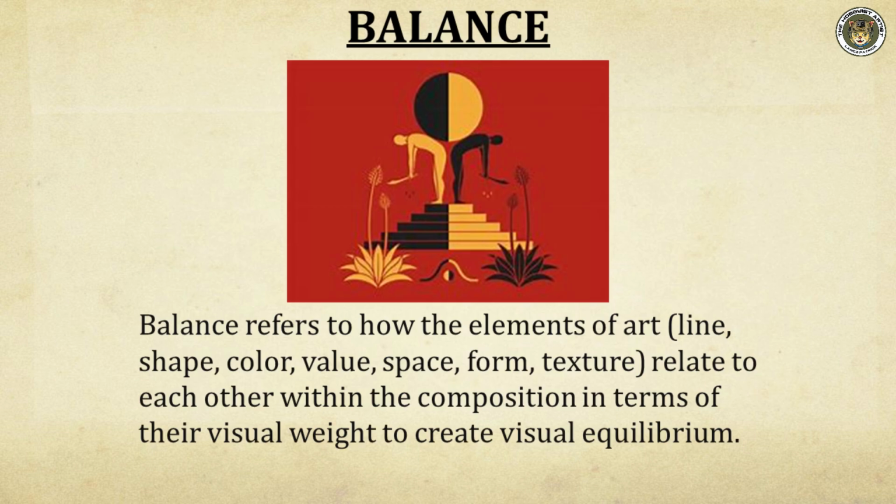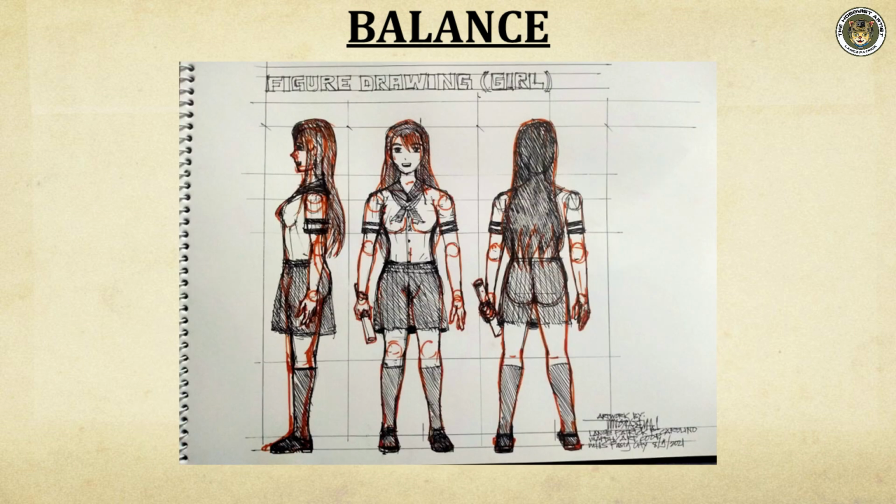Balance refers to how the elements of art, maybe line, shape, color, value, space, form, texture, relate to each other within the composition in terms of their visual weight to create a visual equilibrium. Here are the examples of art regarding balance.